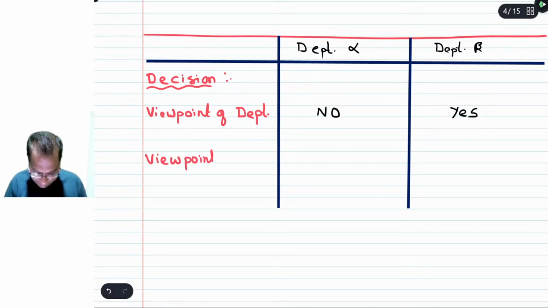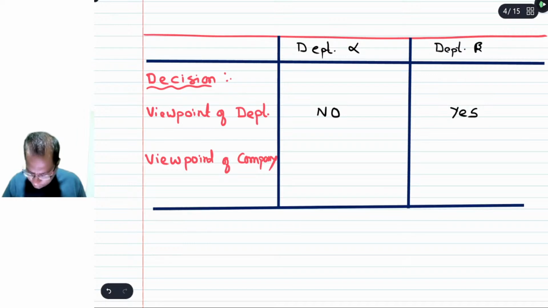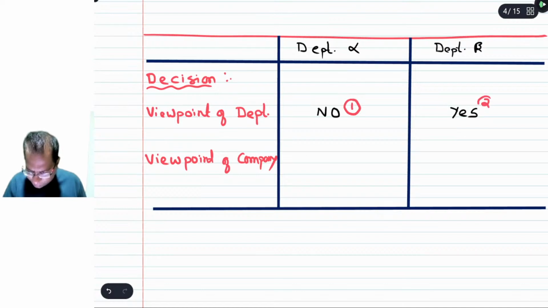Viewpoint of company. Point number 1. Point number 2.